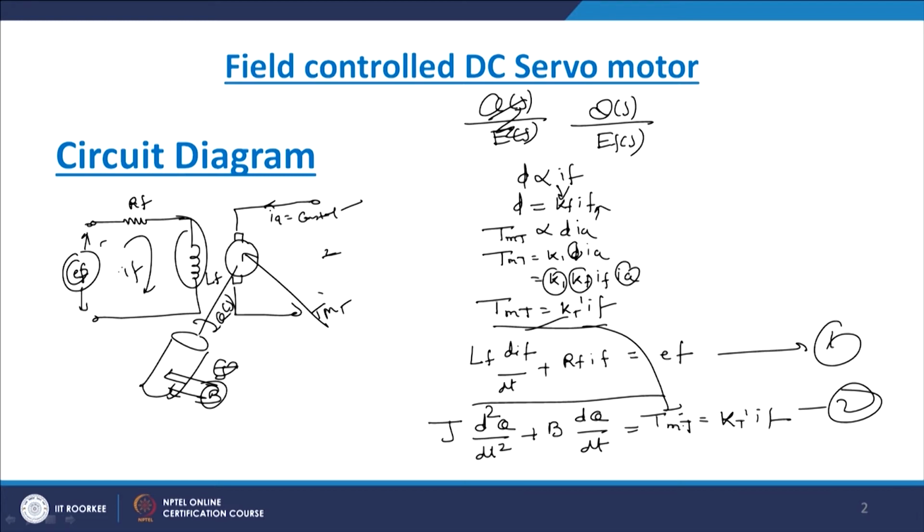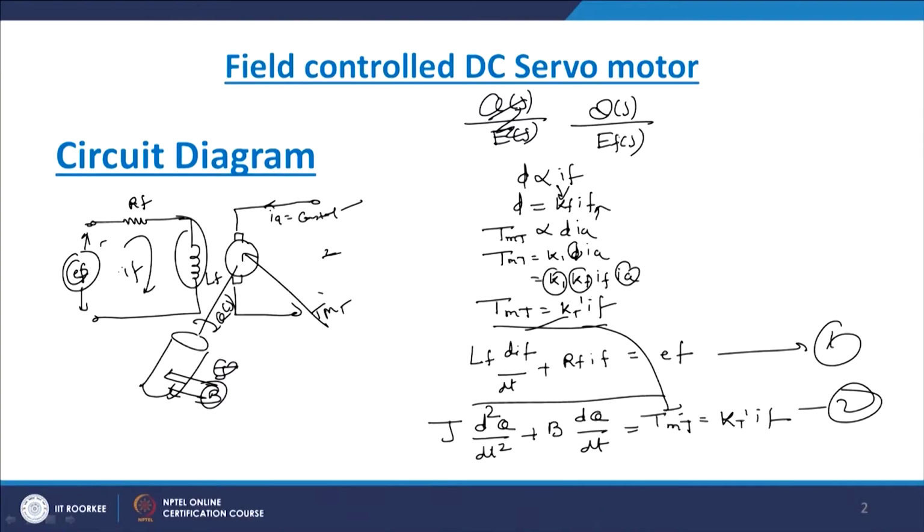Now we have to develop the model, that is theta s by EF of s. In case of armature control, we determined theta s by Es because we applied the input to the armature side, but here the input is to the field side, which is the important issue because that is varying.